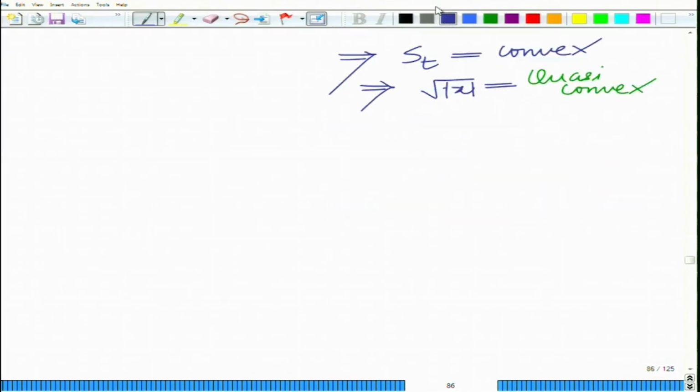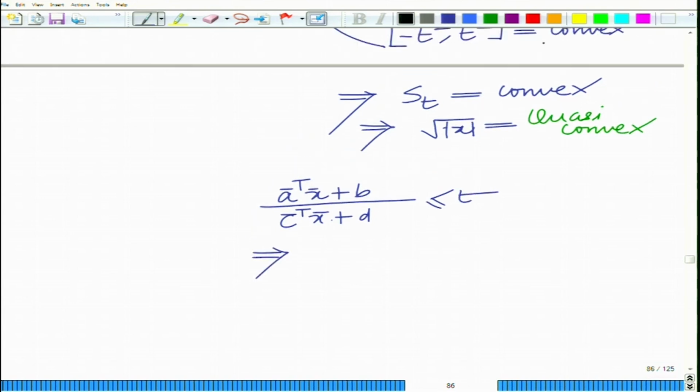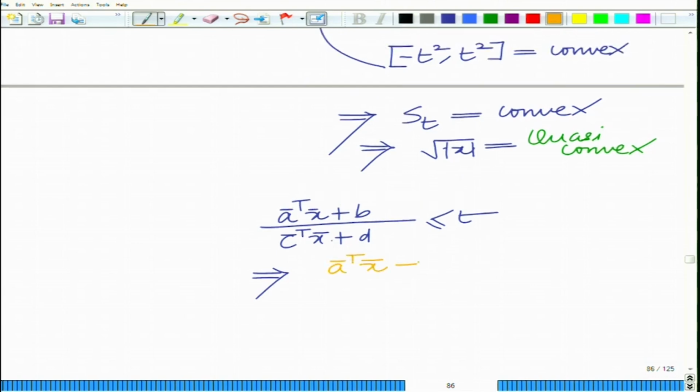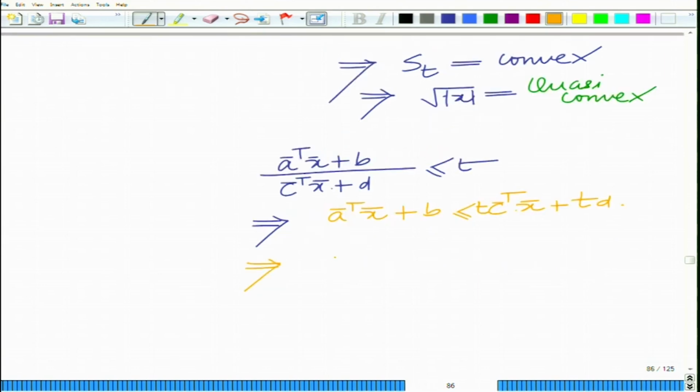For instance, if you look at A bar transpose x bar plus b divided by c bar transpose x bar plus d. Now, this is not a convex function, but if you consider the sub level set, this is less than or equal to t. This implies that A bar transpose x bar plus b is less than or equal to t times c bar transpose x bar plus t times d, which basically implies that A bar minus t c bar transpose x bar plus b minus t d is less than or equal to 0.